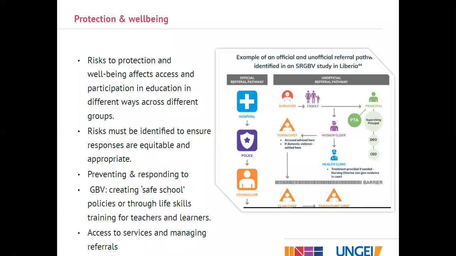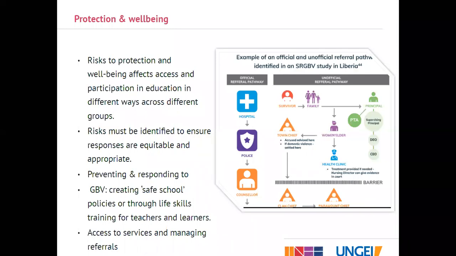So ensuring that responses are equitable and appropriate means identifying these particular risks and including, importantly, these overlapping vulnerabilities. So for example, having a disability or being a child head of household. So the guidance note's protection and well-being section provides specific examples, tips and promising practice in relation to this.